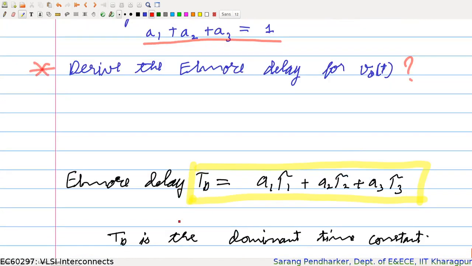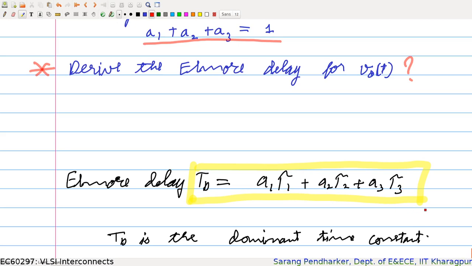So this is basically TD, a sort of dominant time constant. Whichever is dominant, that would be there. If all three are there in equal quantities, then this would be 1 by 3, 1 by 3, 1 by 3, and then they would be like an averaged time constant, right?